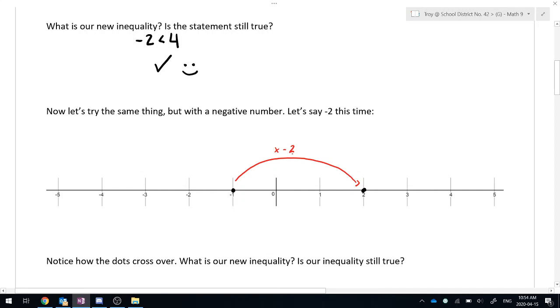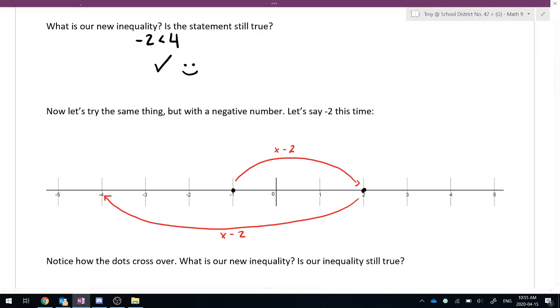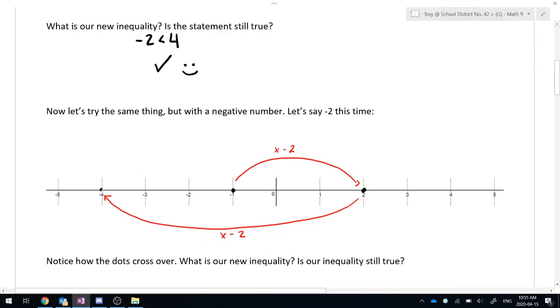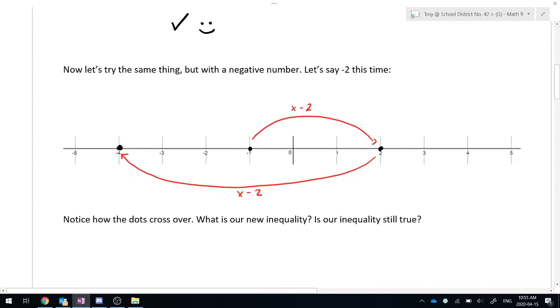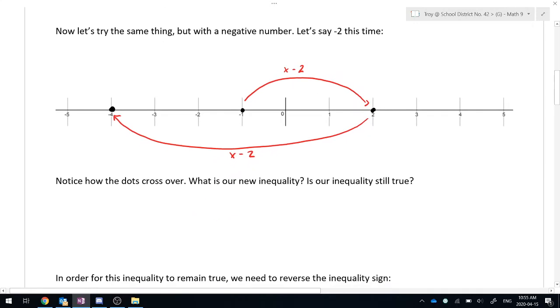And if I multiply 2 by -2, I end up at -4. So notice here how our dots cross over.